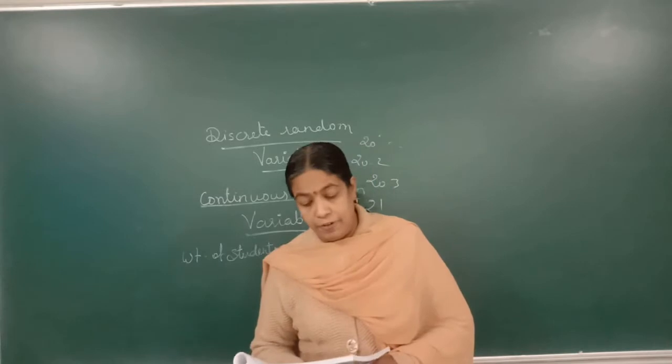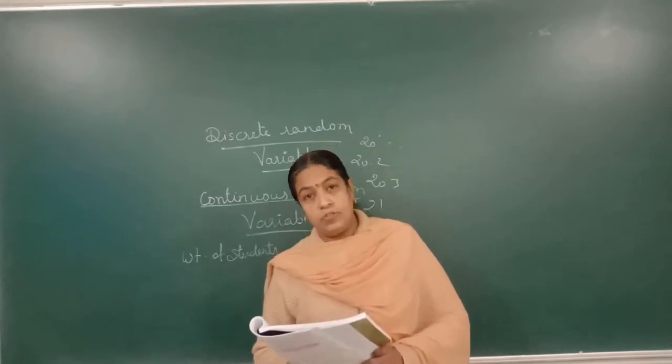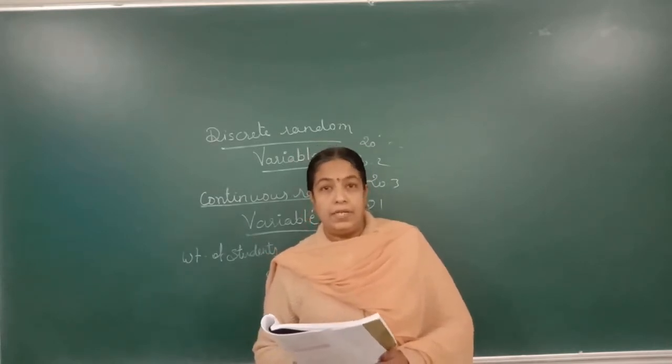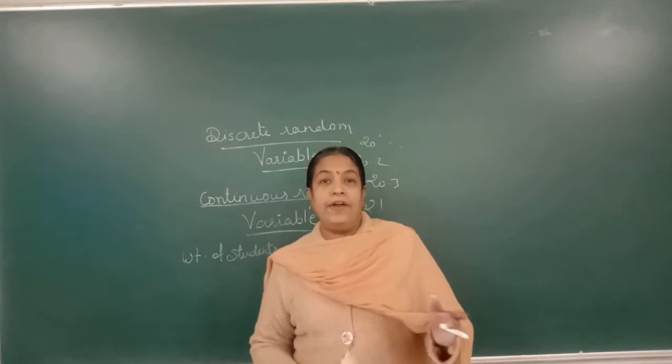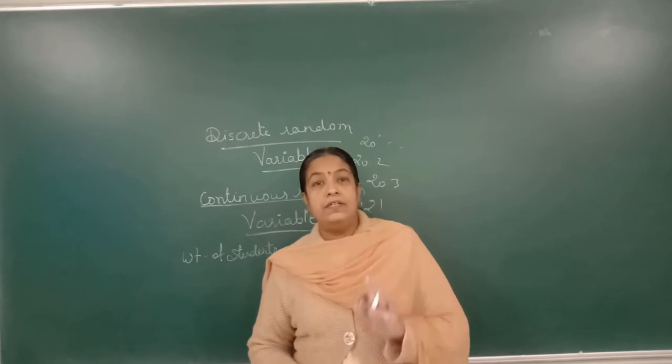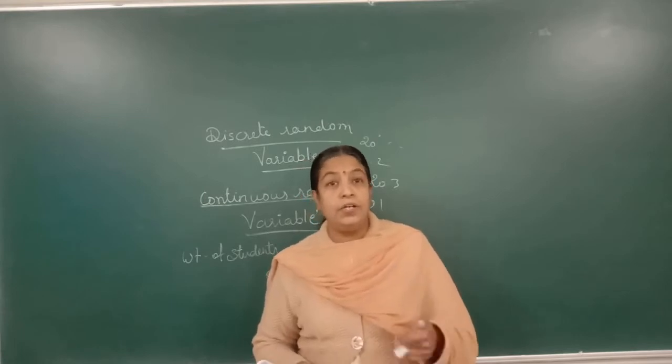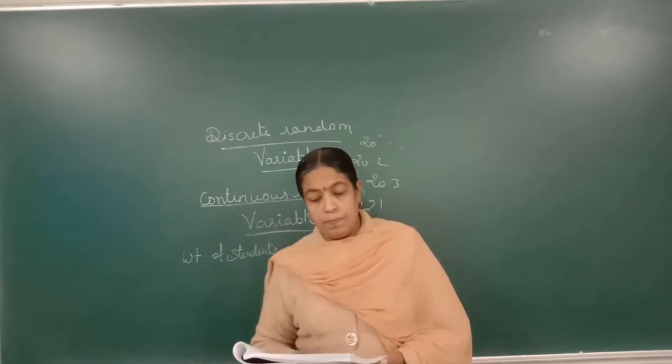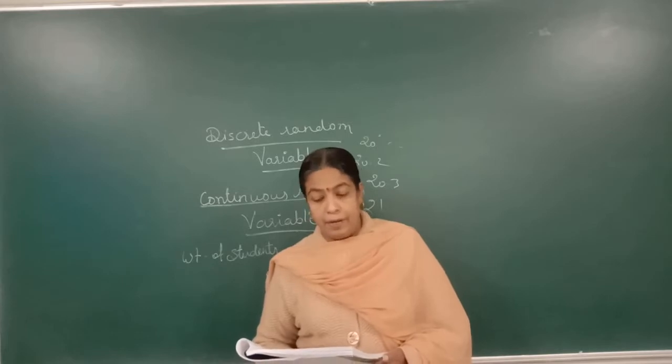The purpose of defining a random variable is to study its property. Isn't it? If we are measuring a child's weight, it means we are studying its property, his health, how is his health according to his age. The most important property of a random variable is its probability distribution.